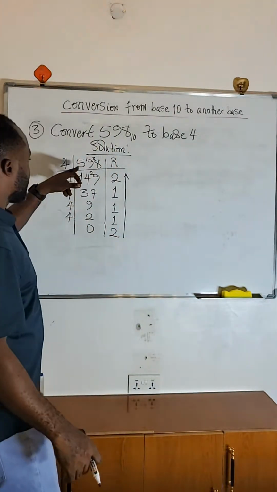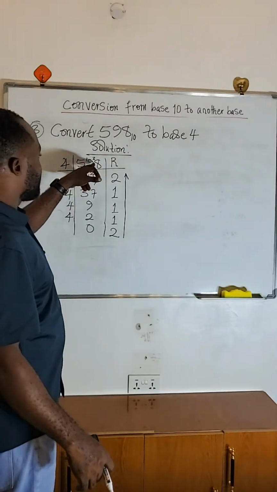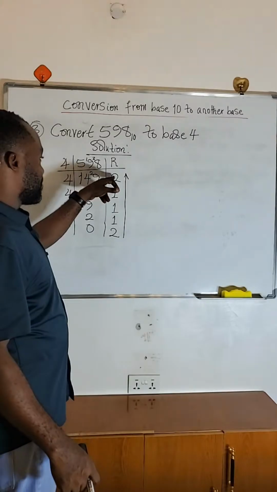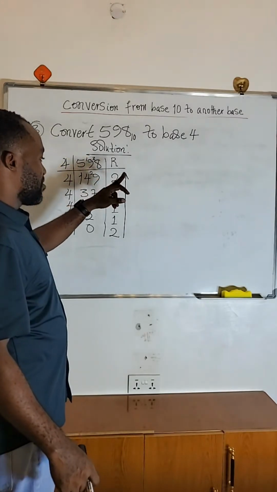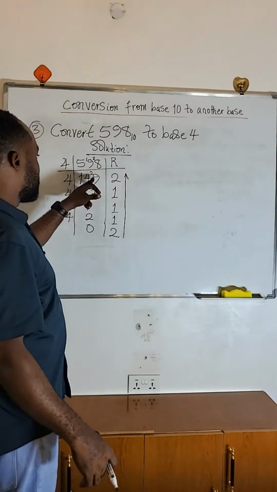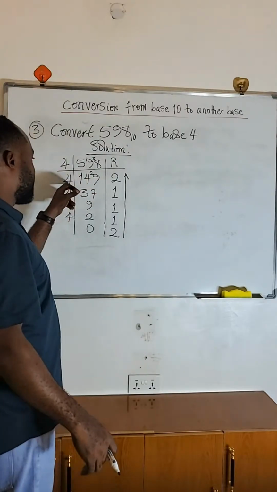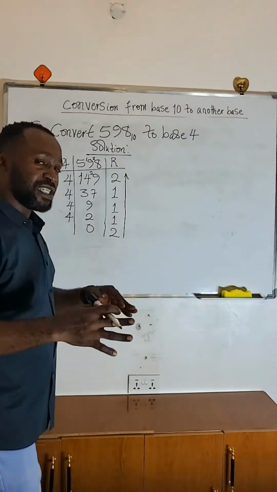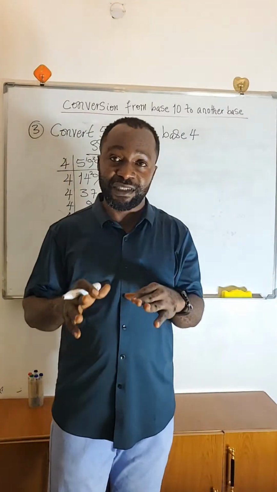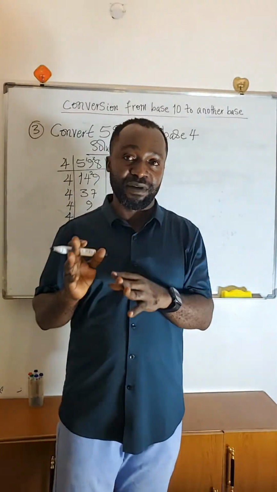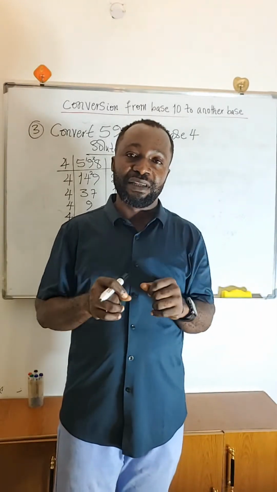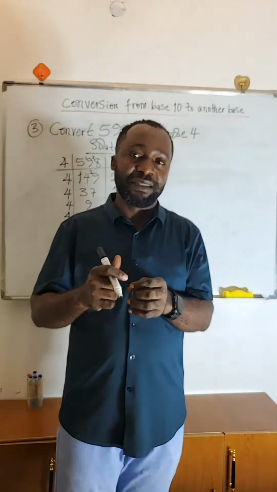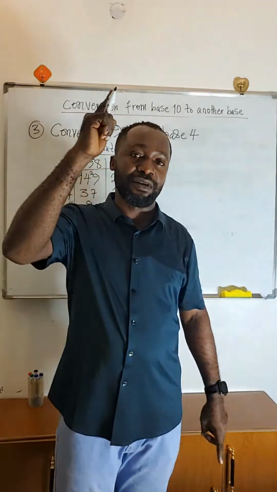From here, we divide this number by 4, we have this, and the remainder was this. That was the first division. We now divide this number by 4, we have this, and then we write the remainder. In each division step, you have to write your remainder. Then, number 3, to obtain your new number base, you write the remainder in an upward order.